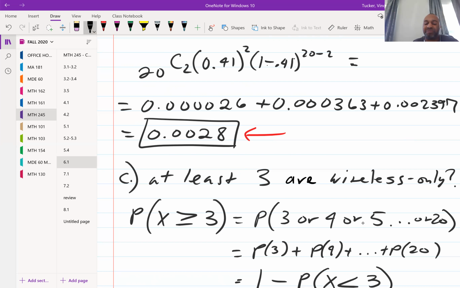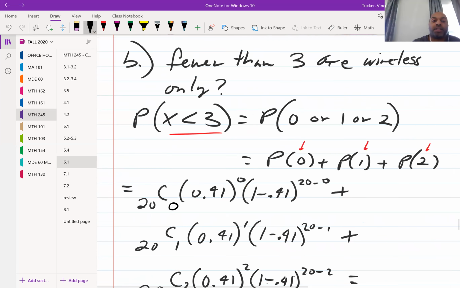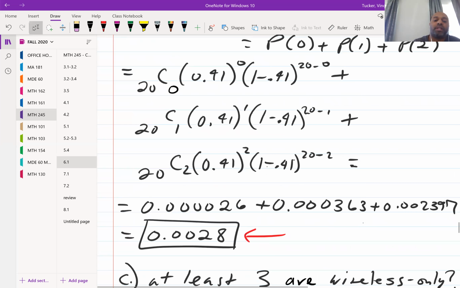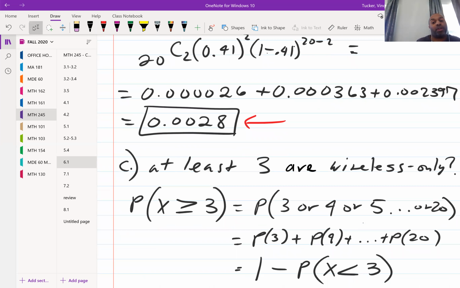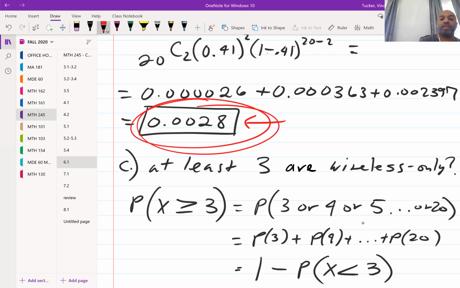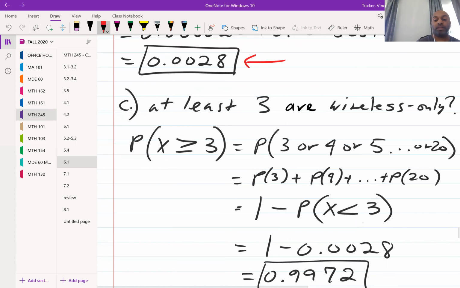All right, so looking at C. Remember, in the last one we did fewer than 3 are wireless only. Here we're looking at at least 3 are wireless only. So that means 3 is the smallest number, and you're talking about going all the way to 20. So you're talking about the probability of 3, probability of 4, probability of 5, all the way to 20. We don't want to have to do that if we don't have to. Now the fact that we found the previous one means that we can subtract it from 1 to find the opposite.